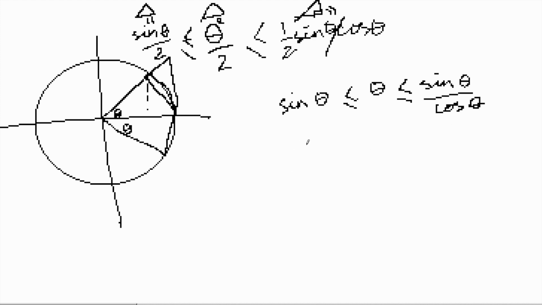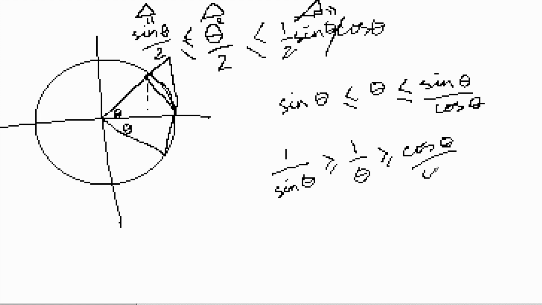And then we can invert all of these. So flip all these fractions. Implicitly, this is sine theta over 1, and this is theta over 1. So make it 1 over sine theta is larger than 1 over theta is larger than cos theta over sine theta.